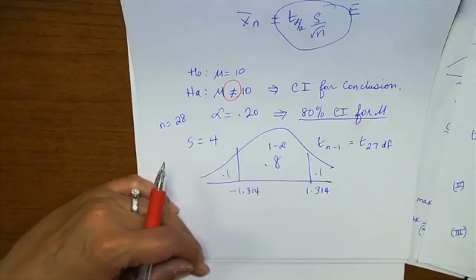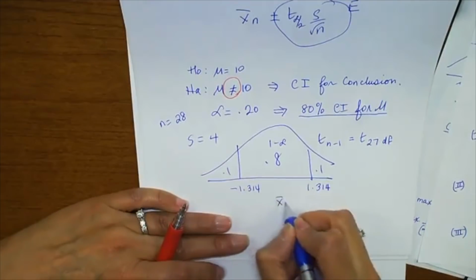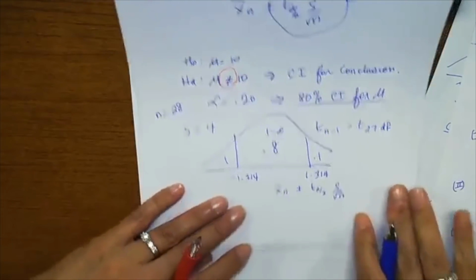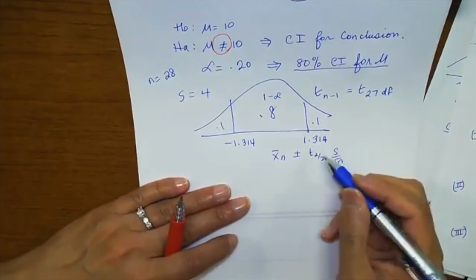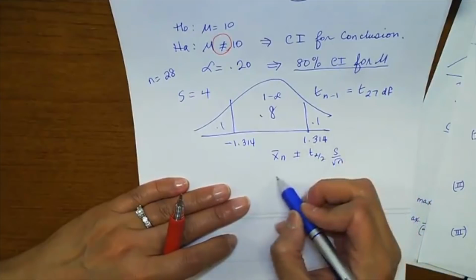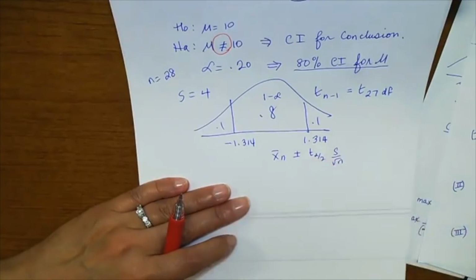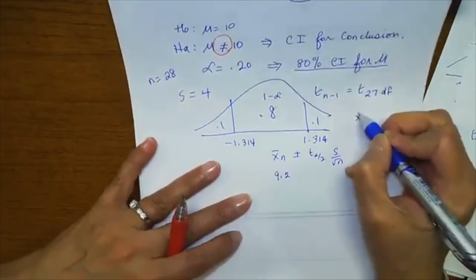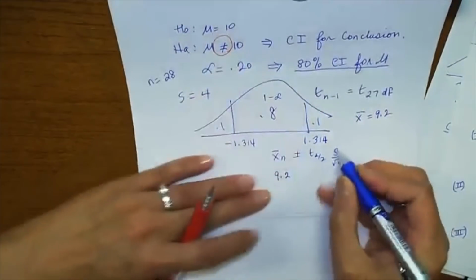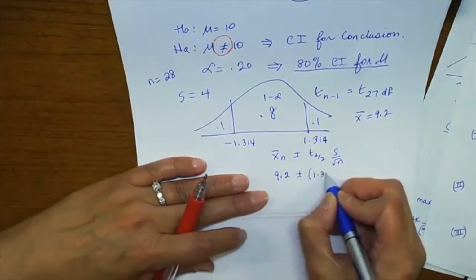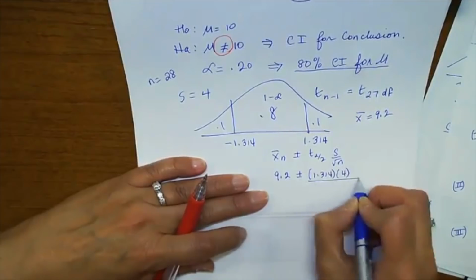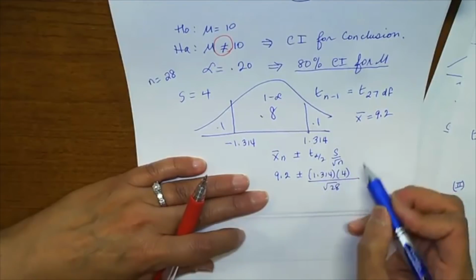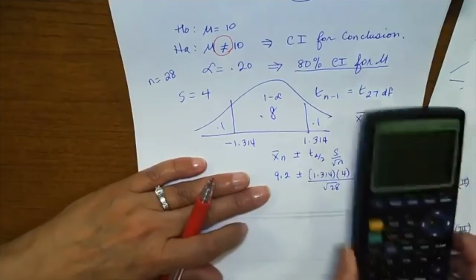I'm trying to find a confidence interval. So x bar plus or minus t alpha over 2 times s over root n. So x bar is, I don't know, I can make something up. Let's say it's 9.2, plus or minus 1.314 times 4 over root 28. And I end up with some confidence interval, right?